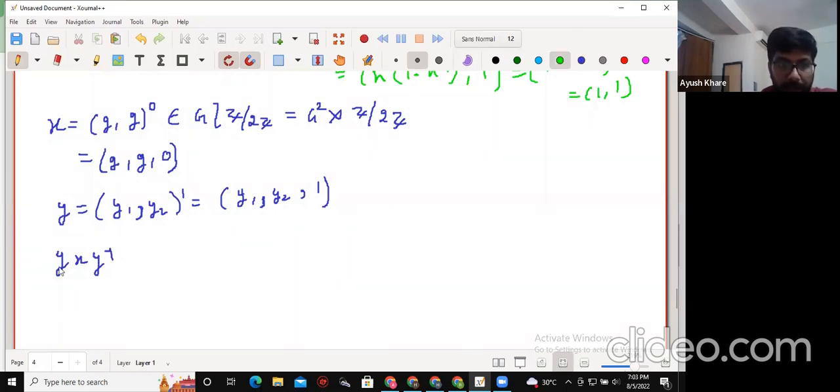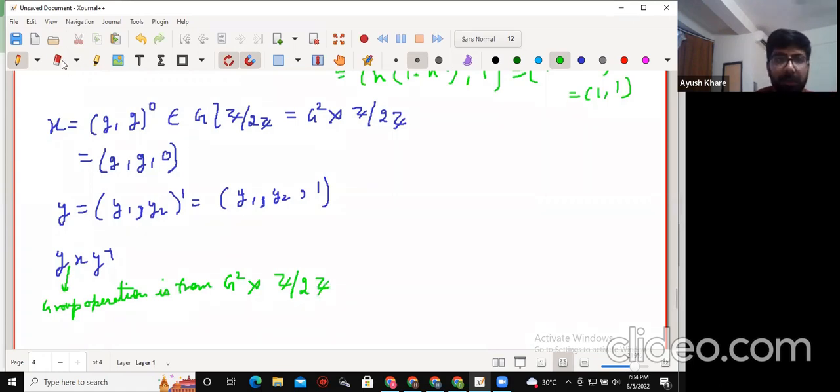I'm also writing it here: the group operation is from G square semi-direct product with Z mod 2Z. Okay. So I'm just writing its value by using the group operation. You can see whether it makes sense or not.